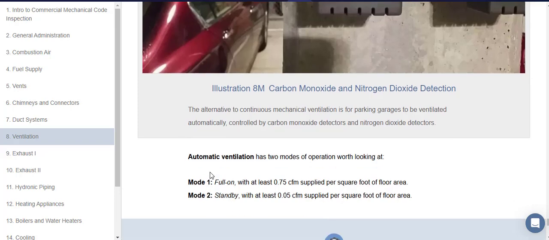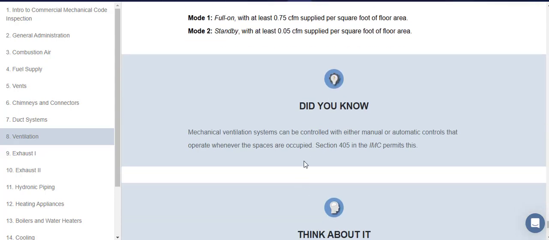Automatic ventilation has two modes of operation worth looking at. Mode 1, full on, with at least 0.75 CFM supplied per square foot of floor area. Mode 2, standby, with at least 0.05 CFM supplied per square foot of area.